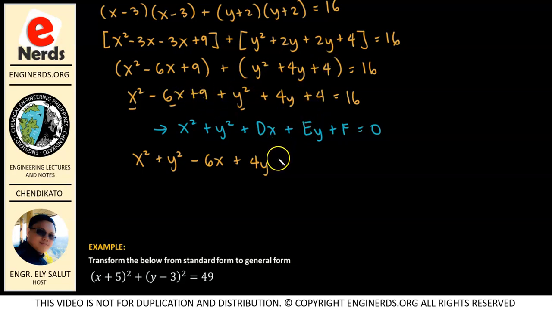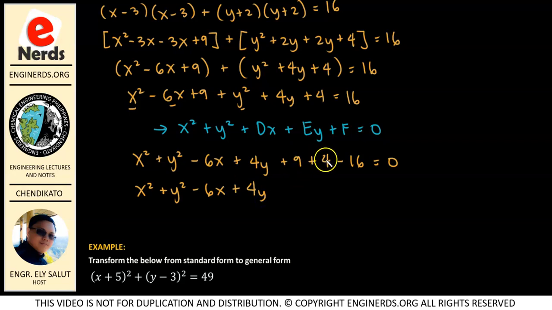Okay, and then we have these constants here. No? Let us try to solve that. We have plus 9, plus 4, and we're going to transpose itong 16 natin. We'll have minus 16 is equal to 0. So therefore, we have x squared plus y squared minus 6x plus 4y.